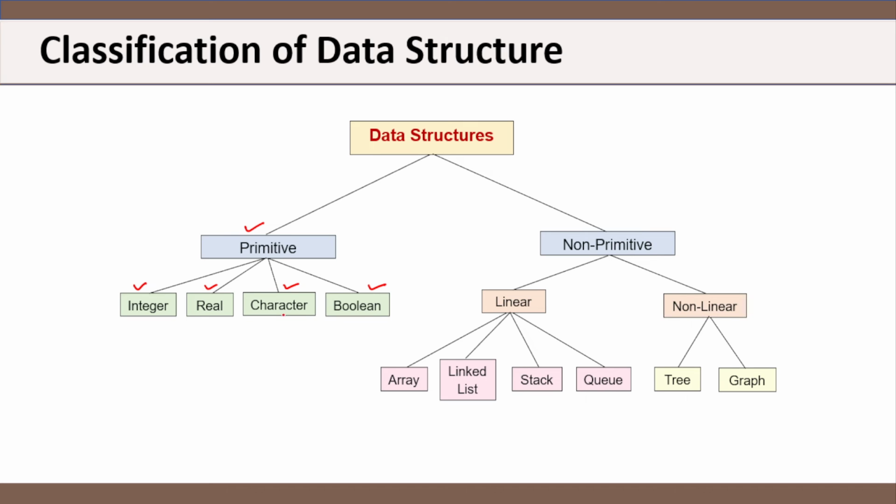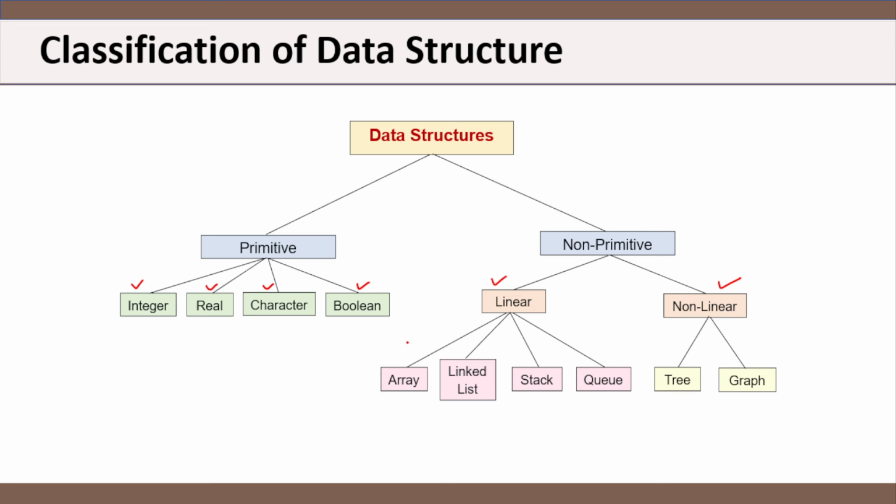So, these form the primitive data structures. Under the non-primitive category of data structures, we are having linear data structures and non-linear data structures. Linear data structures typically are the data structures where the elements form some kind of a sequence or a linear relationship between one another.